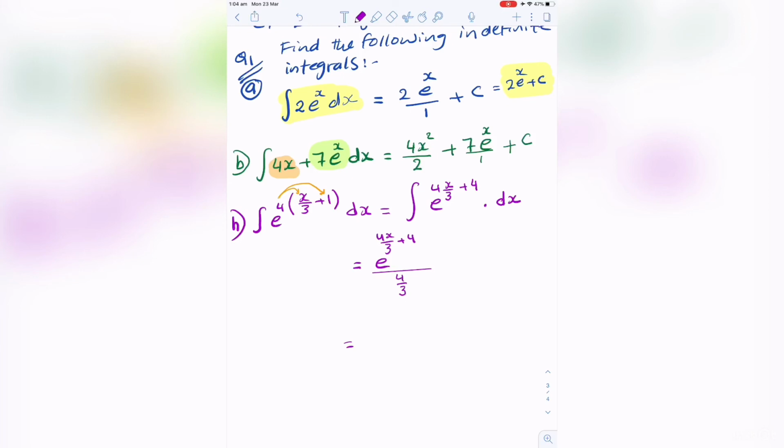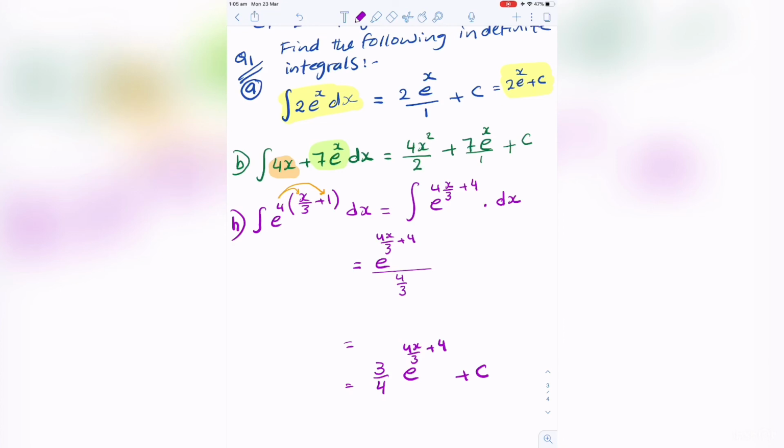So it's 3 over 4 e to the power 4x over 3 plus 4, plus c. This is the final answer.